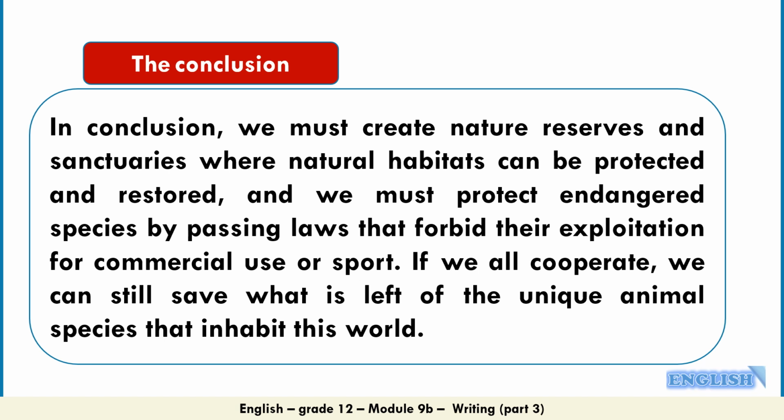If we all cooperate, we can still save what is left of the unique animal species that inhabit this world. Excellent, a very good essay. You can follow this model to write your own essay. Great.